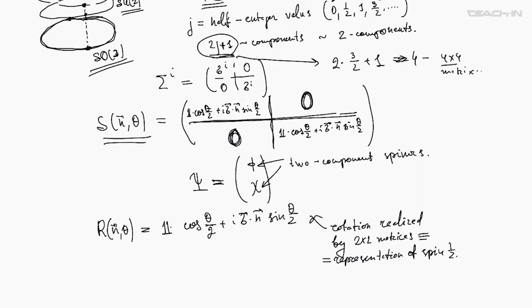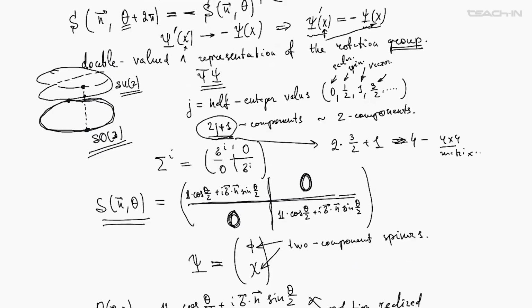And when I'm talking about this classification of representations characterized by spin, I'm talking about what is called irreducible representations. In other words, representations which cannot be decomposed further. They do not have inside themselves invariant subspaces, so you cannot decompose them further into smaller irreducible components. I'm talking about so-called irreducible representations which cannot be further reduced.